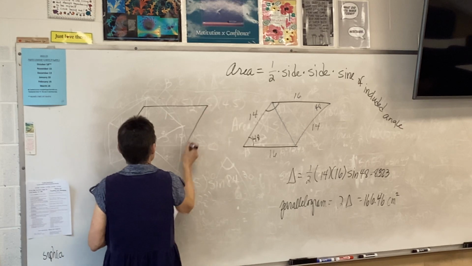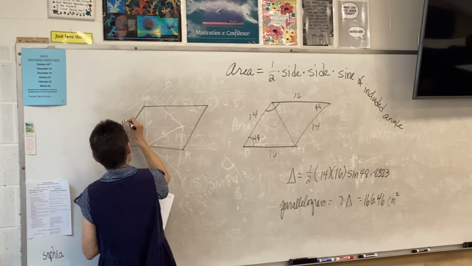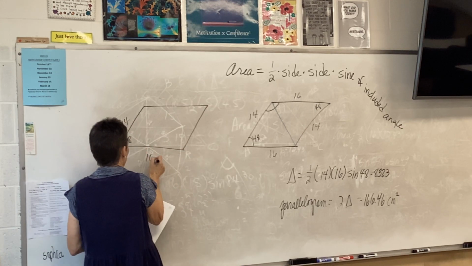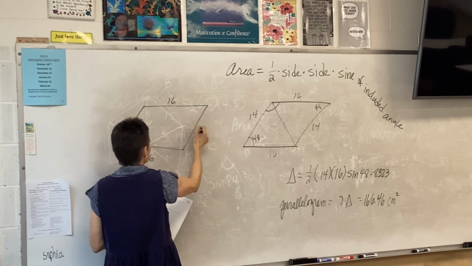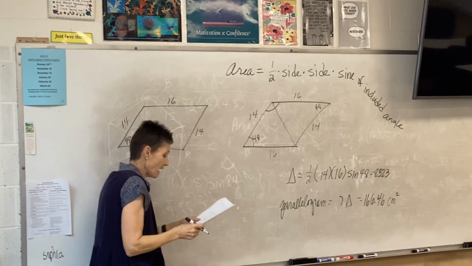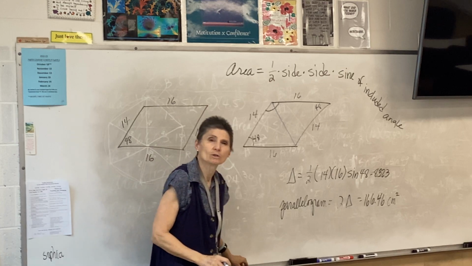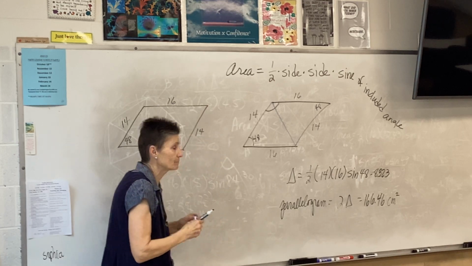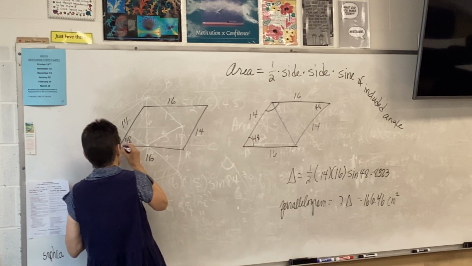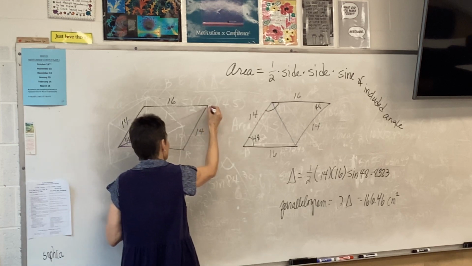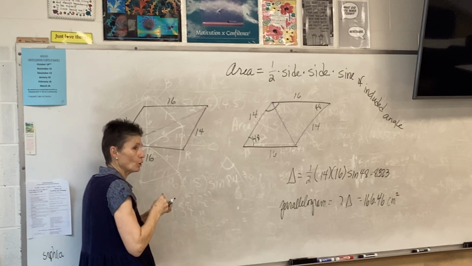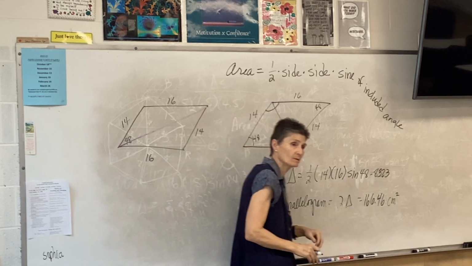Now problem 3 is a little bit different. I've got the same parallelogram that I had a minute ago, but right now I want to find the length of the longer diagonal. Now this purple segment is the longer diagonal. There are two diagonals.